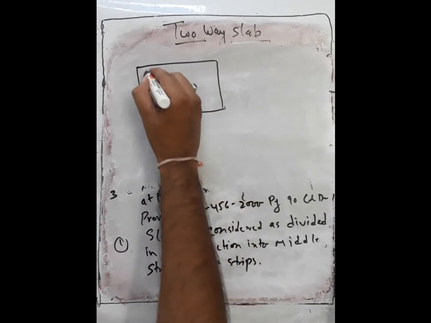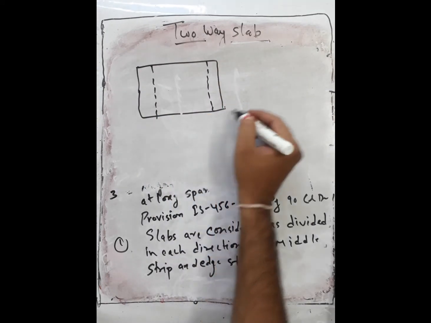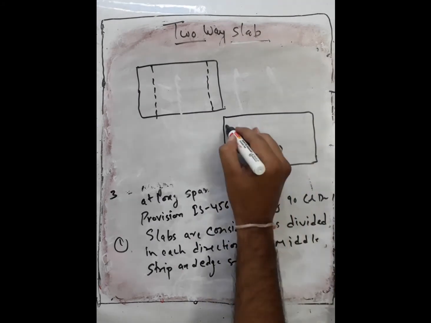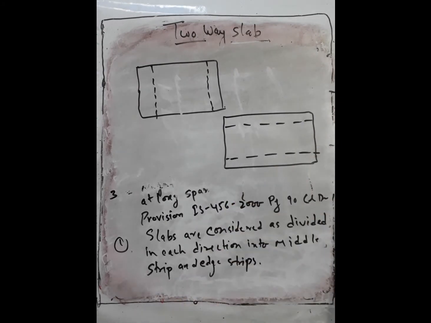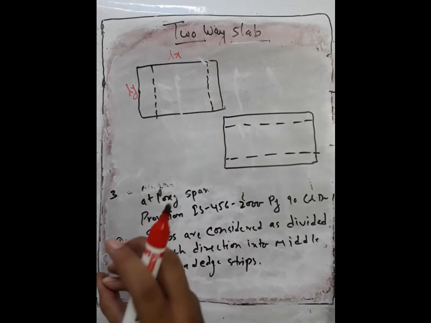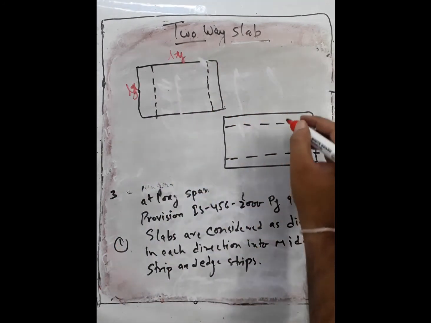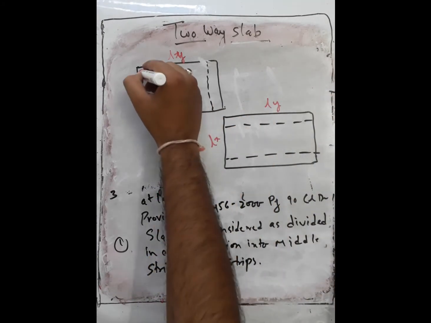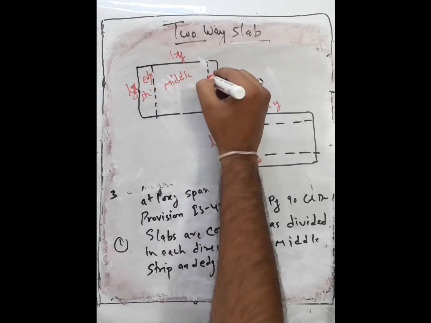This is our slab and here we divided it into middle strip and edge strip. This is our edge strip and this is our middle strip. This we call Lx, this we call Ly. Sorry, this we call Ly because this is longer and this is shorter, and this again Ly and this Lx. This is edge strip, middle strip, again edge strip.